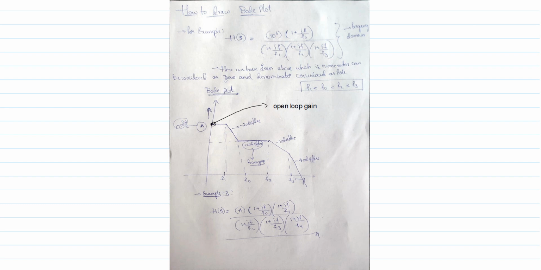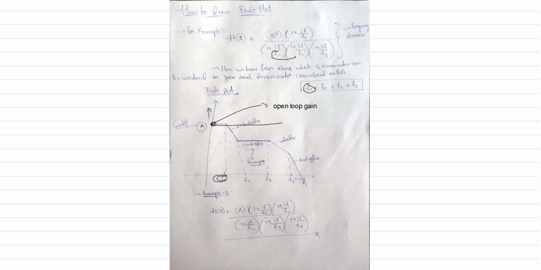Until a pole or zero exists, the slope must be constant. After that we get f1, because under our condition f1 is the lowest frequency. Here f1 is in the denominator, so it must be a pole.